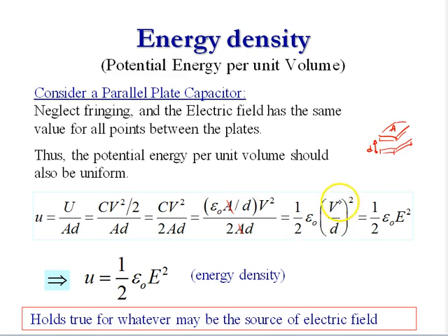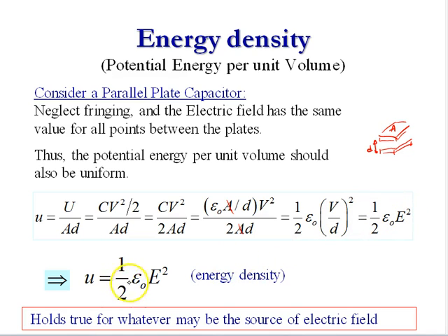We have 1/2 epsilon naught V over D squared, but that V over D is our electric field, right? For a uniform field, voltage is equal to E D, or electric field is voltage divided by distance. So we have 1/2 epsilon naught E squared.